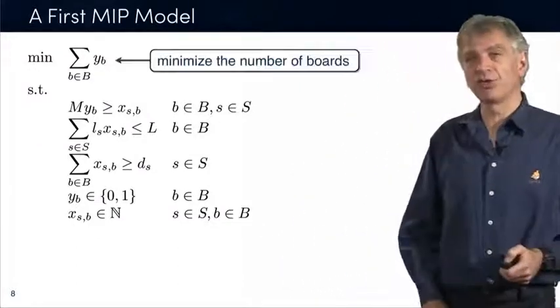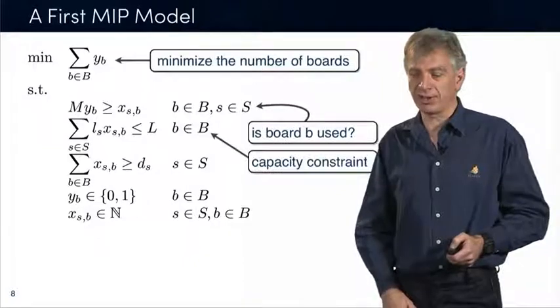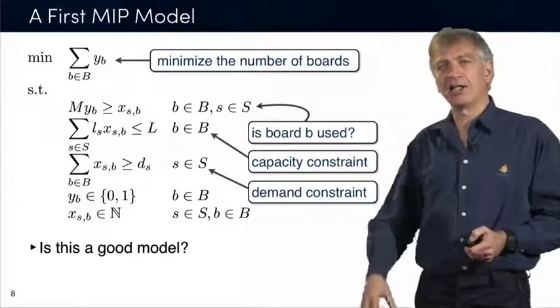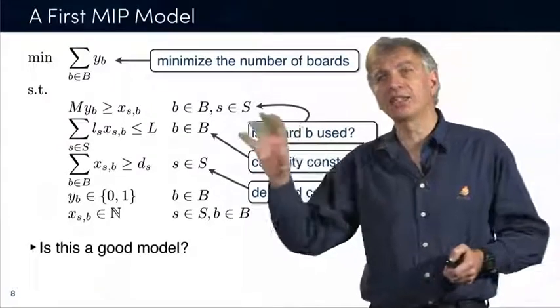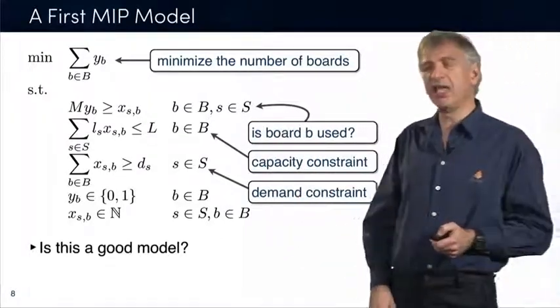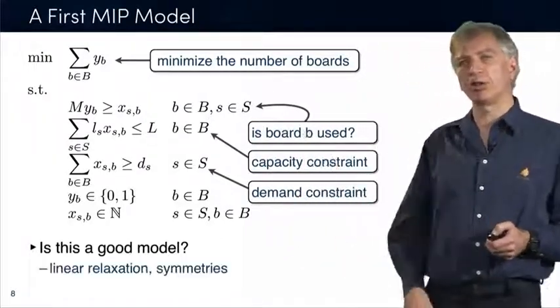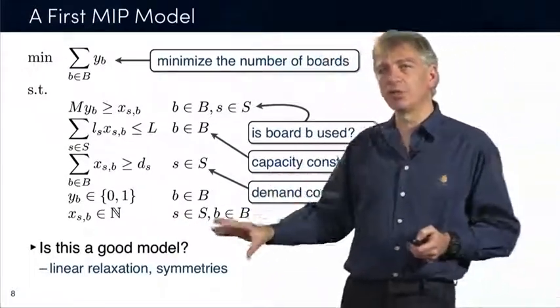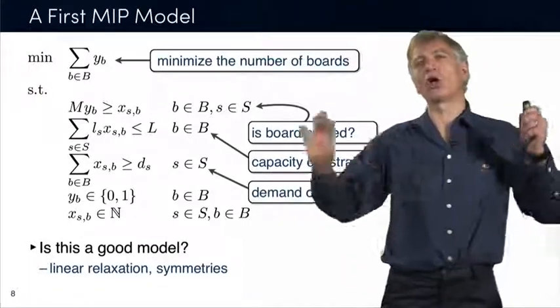And you see all the types of constraints, and you can wonder, is this a good model or not? And the answer is no. This is a terrible model. It has a very bad linear relaxation. And one of the things you can notice immediately is that it will have a lot of symmetries.